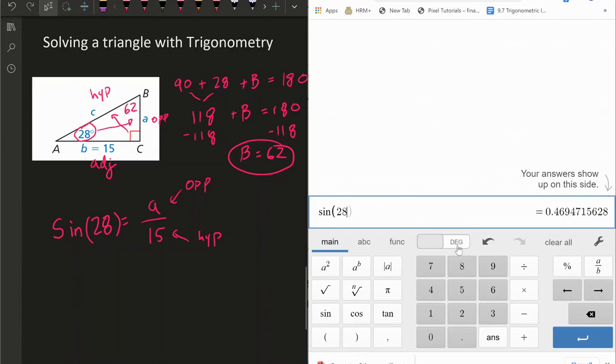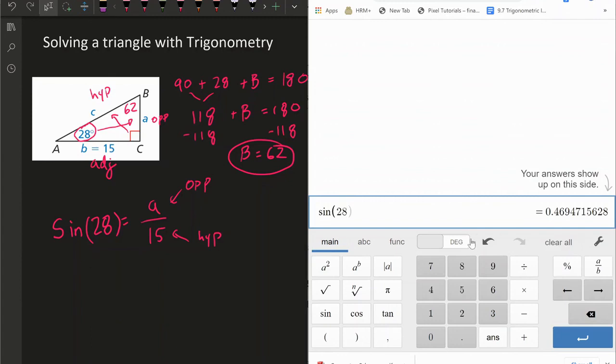So I want to make sure that my calculator is in degree mode. All scientific calculators can switch between degrees and radians. We'll talk about what radians are later on, but for today you want to make sure that your calculator is in degree mode. You can test that out. Type in sine 28, you should get 0.69471568. Your answer should match.